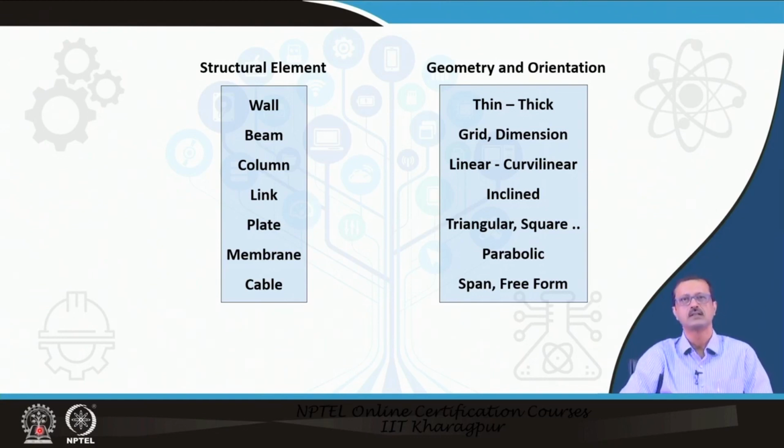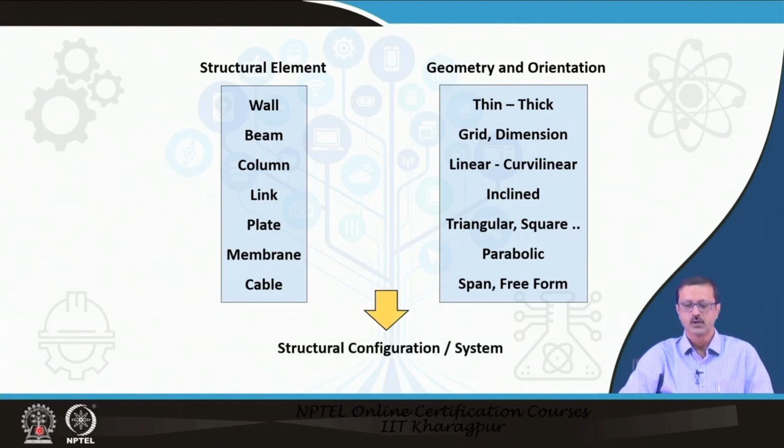A cable may be an inclined cable. Then there are some kinds of shapes, triangular, square, and forms like parabolic, yes, an arch may be parabolic in nature, a cable may be parabolic in nature. Then the span, how much is the center to center distance between the supports, and the free forms or so. Those are the geometry and the orientations.